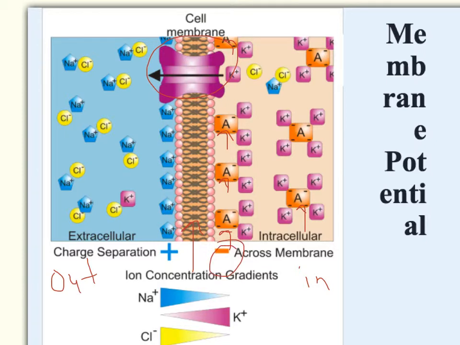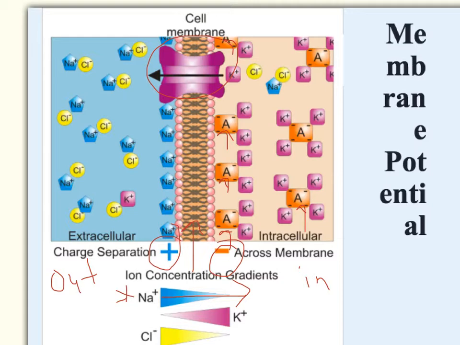And then we have a lot of positive, our sodium, on the outside, which gives us a positive charge. Notice the ion concentration gradients. Sodium is high on the outside and low on the inside, so it's going to want to move in this direction based on diffusion. Remember, diffusion does not require energy, but we have these concentration gradients, so it's going to want to try to balance itself out. So sodium wants to get into the cell.